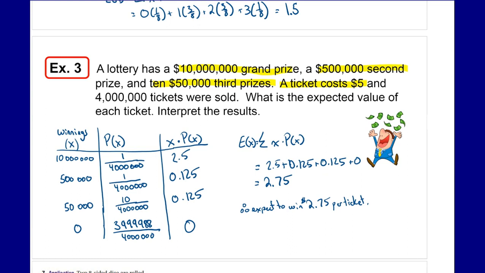So we expect to win $2.75. And then again, we could do another therefore statement. Therefore, at $5 a ticket, we can expect to lose $2.25 per ticket.